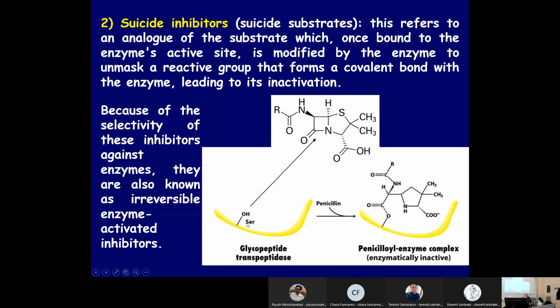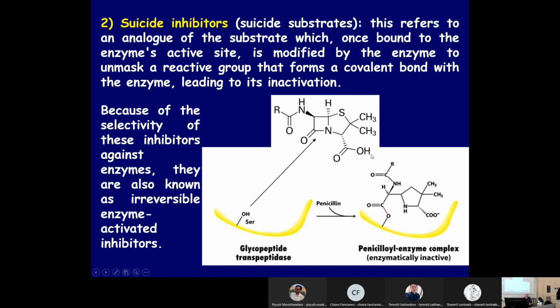So the activity of this compound is activated, you switch it on, by a reaction with the particular group present in the active site. You can see here an example so you can better understand this concept.